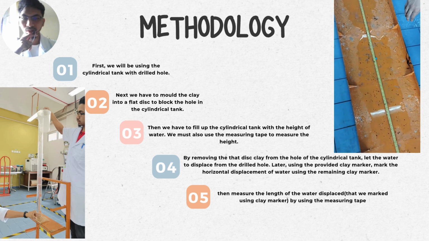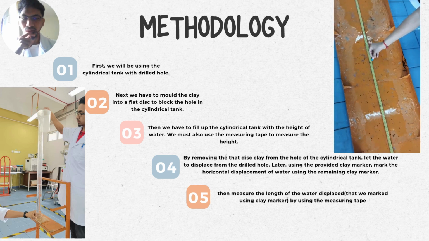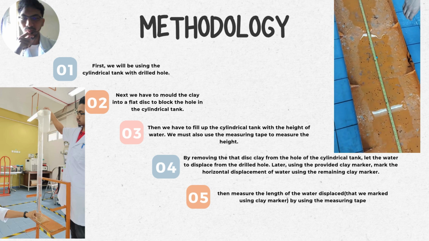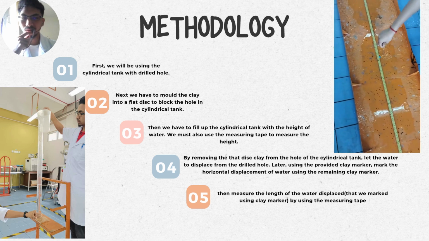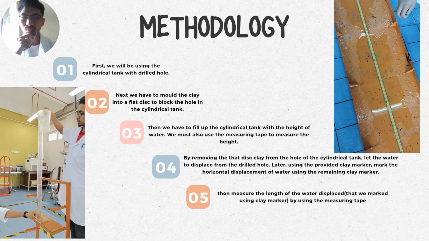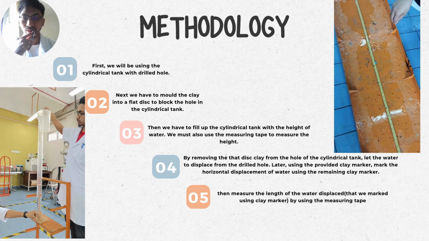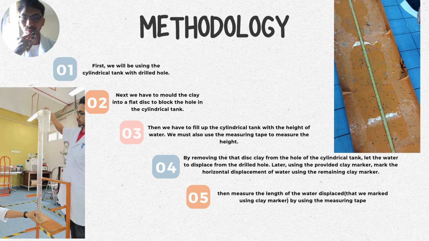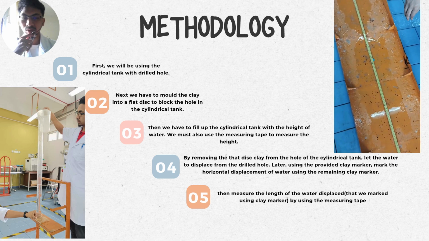Removing the excess clay from the hole is critical. Let the water displace from the hole using the provided schema. Also, mark the horizontal distance of the water, including the remaining water. Then, measure the length of the water displaced using the measuring tape.